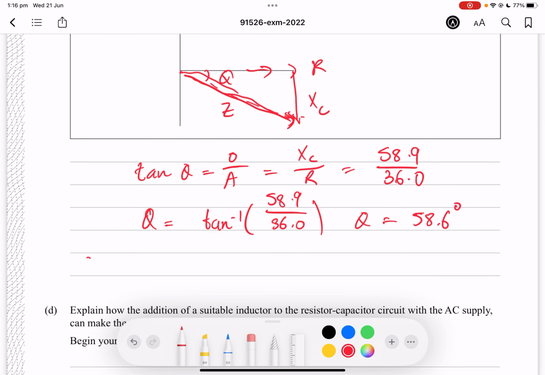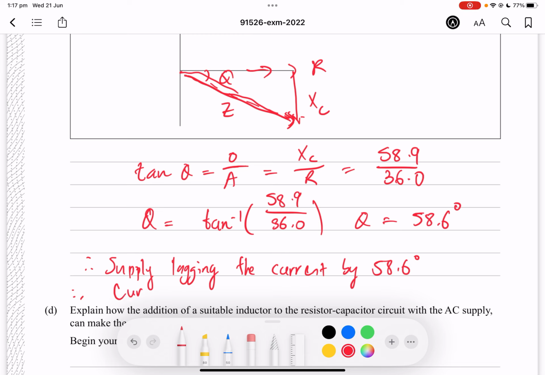So the supply is lagging the current by 58.6 degrees. Or you can say that the current is leading the supply by 58.6 degrees.